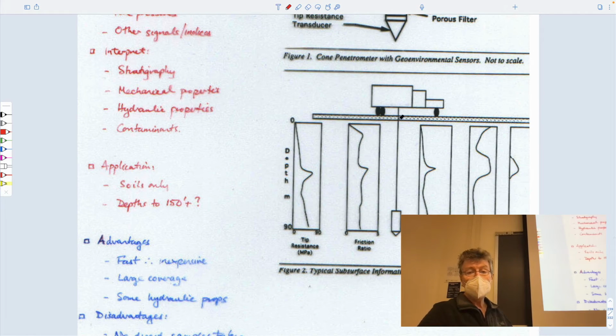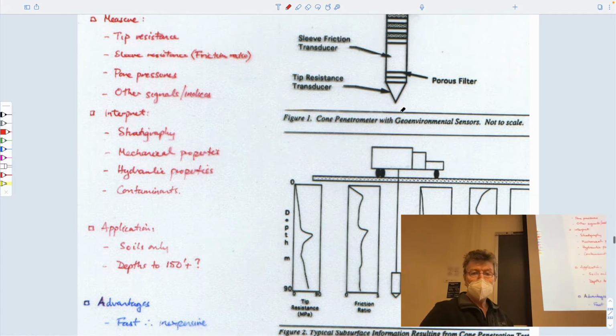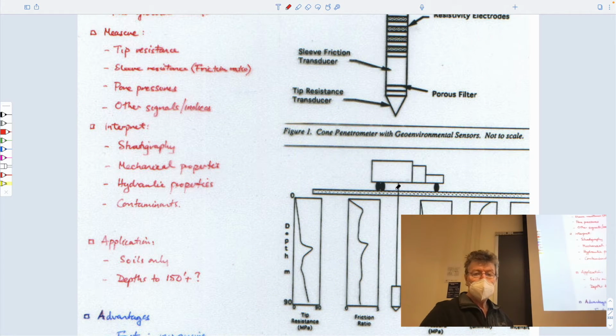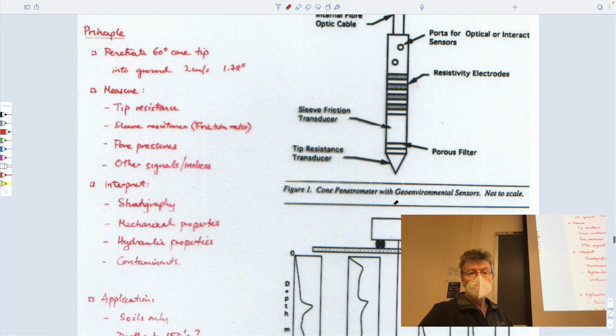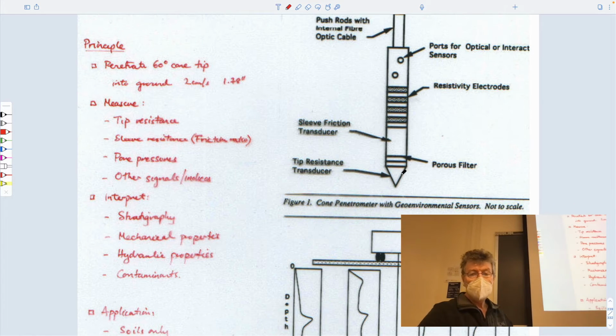The idea is that within this truck, you can take a probe which has 10 square centimeters cross-sectional area, so it's probably about 1 inch in diameter, with a conical tip on it that looks a bit like this, that is physically just pushed into the ground at a constant rate. It's pushed into the ground at 2 centimeters a second, and this cone has 3 important pieces of instrumentation on it.